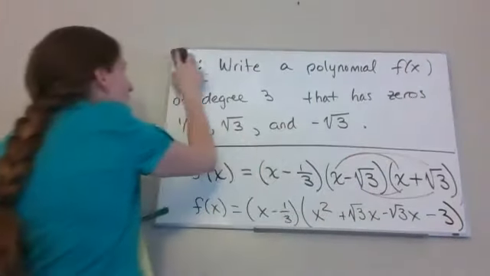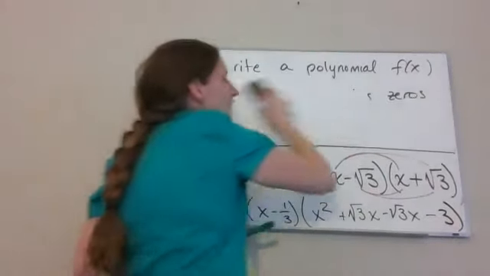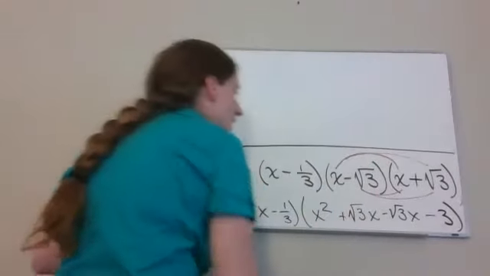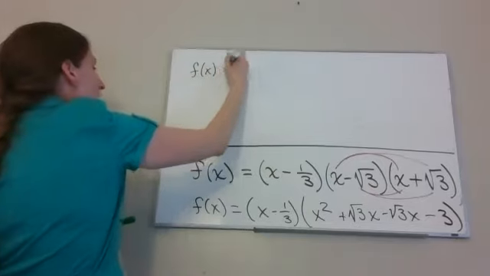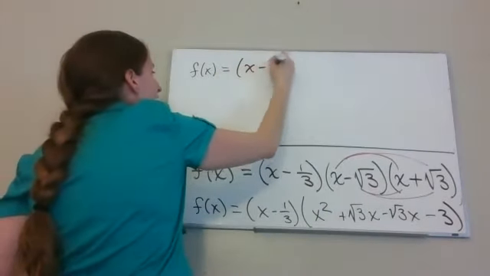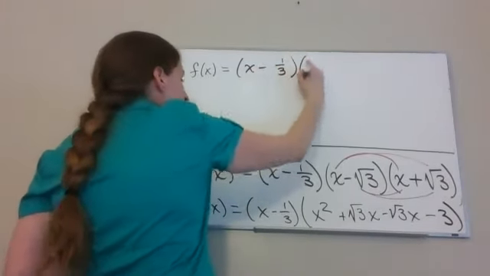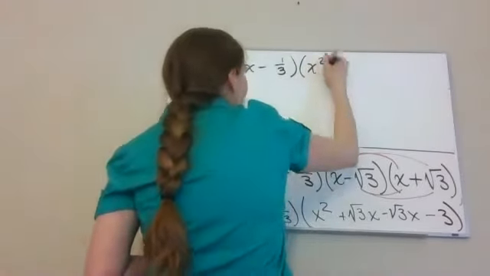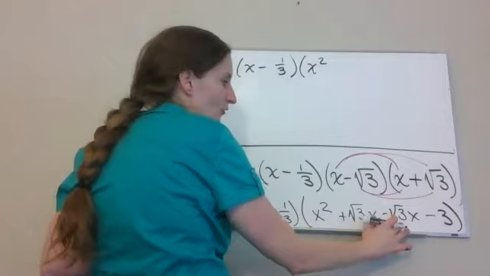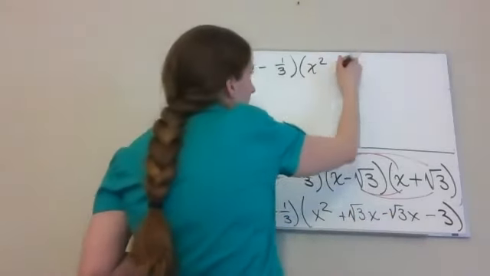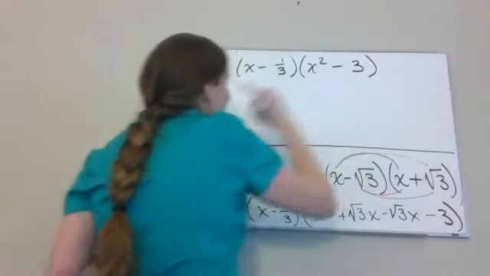All right, so let's write down what we have at this point. So at this point, my polynomial looks like x minus 1/3 times x squared, the positive root 3x and the negative root 3x cancel out, and I just have x squared minus 3.